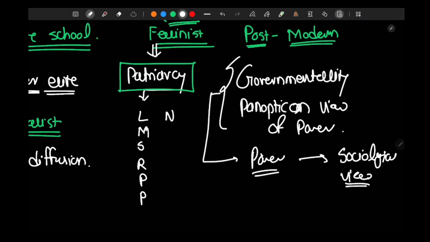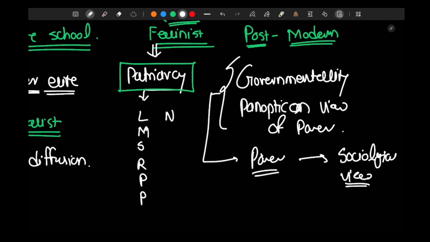What he wants to say is that modern state does not have to apply power or exercise authority in public view. The exercise of power is more subtle.